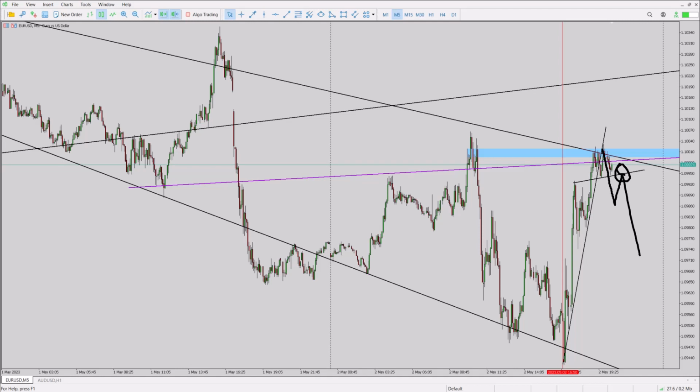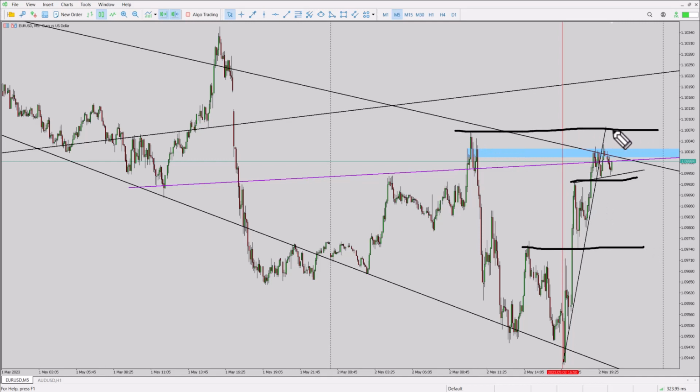Now you might ask, what is the target? What is the stop loss? What is the take profit? You have to put your targets, either stop loss or take profit, at the previous support and resistance areas. So if this is the line that we're gonna enter, the next resistance area is here, and the higher time frame support is over there.